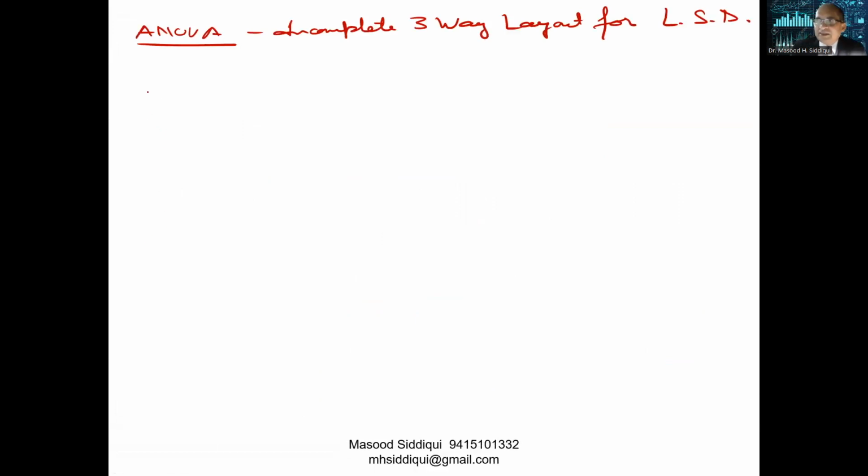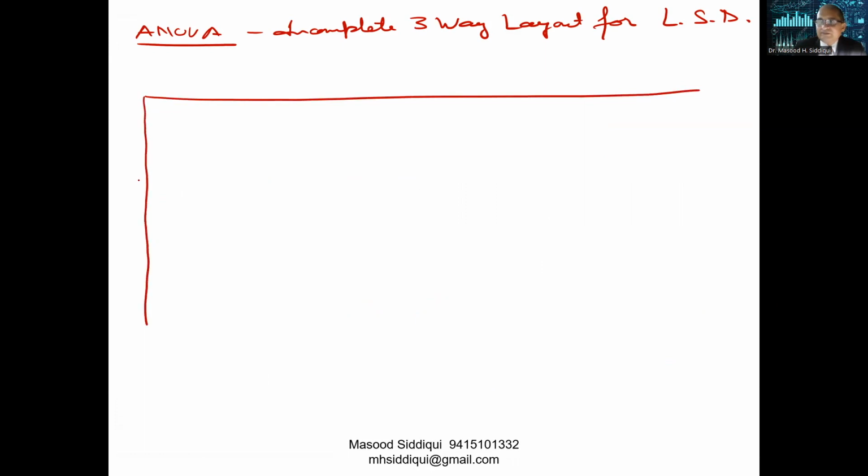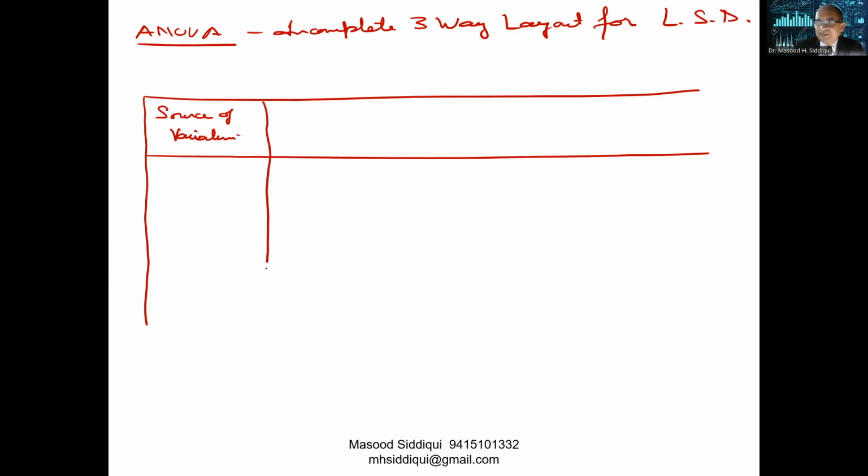So here we are constructing the ANOVA table. The first column is the sources of variation. The next one is the degrees of freedom. Next is the sum of squares.